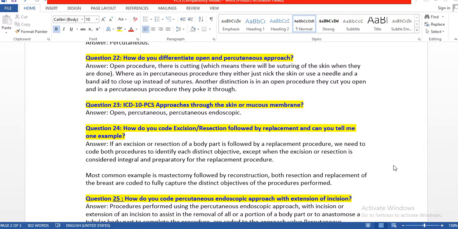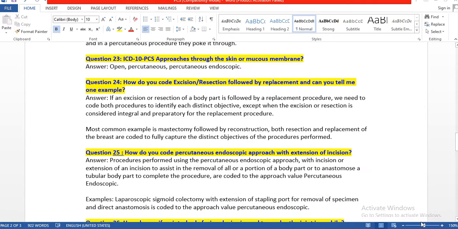So basically, if an open procedure is performed, the physician will make the cut, and after completion of the procedure, they will suture the incision sites. Whereas in percutaneous procedure, there is no need for sutures, just bands or stickers.